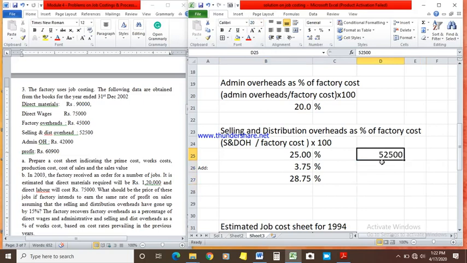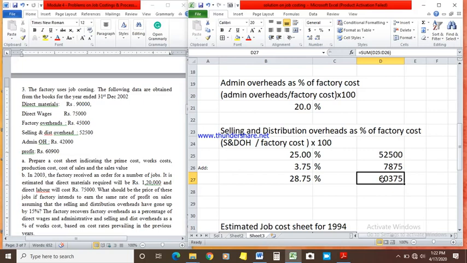So again 52,500. Now this selling and distribution overhead has increased by 15%, so I'll add up 15% of this one. That comes to 7,875. Now if I take the total of these two, the selling and distribution overhead will be now 60,375.